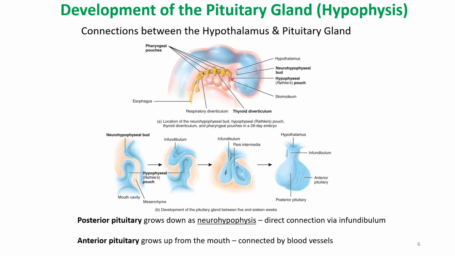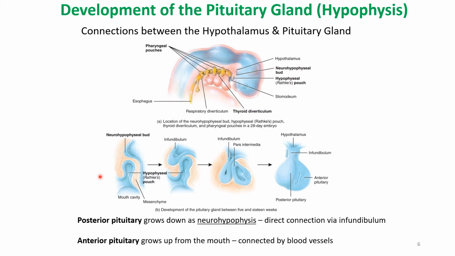That's going to be growing, as you can see, to turn into the anterior pituitary gland, separately from a little bud that's growing out of the prosencephalon that will eventually turn into the diencephalon. This is going to be a neurohypophyseal bud, and that will eventually turn into our posterior pituitary gland.